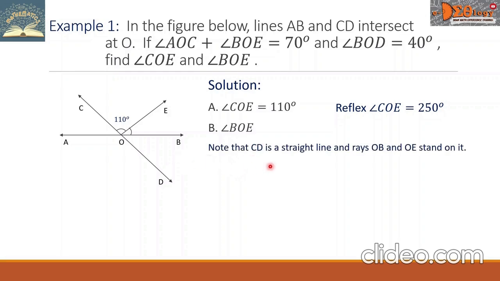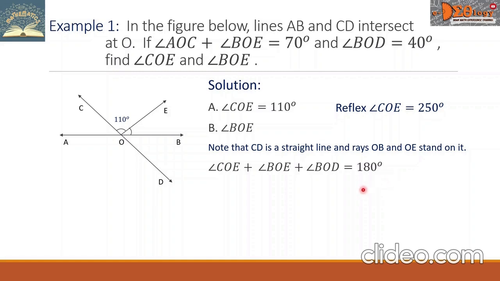Note that CD is a straight line and rays OB and OE stand on it. So we can write angle COE plus angle BOE plus angle BOD equals 180 degrees.